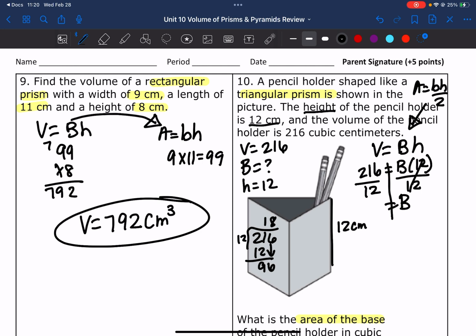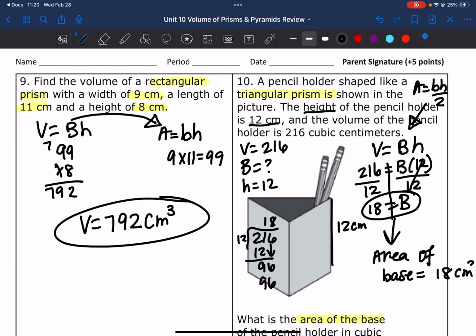So that'll be that the capital B, or area of the base, is 18, okay? Area of base equals 18 centimeters squared, okay? This right here is our answer.